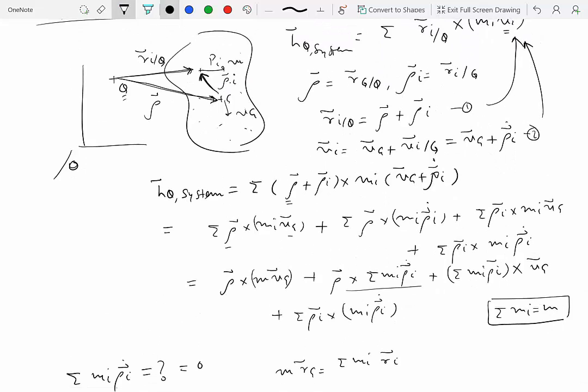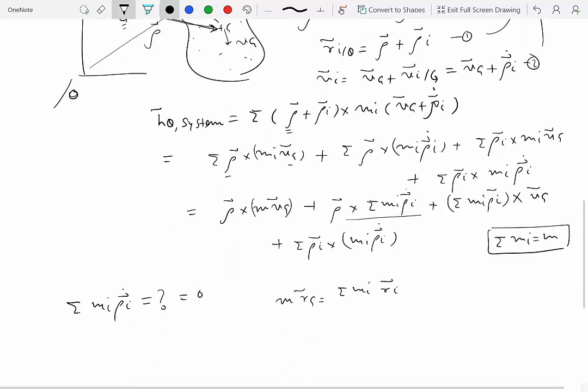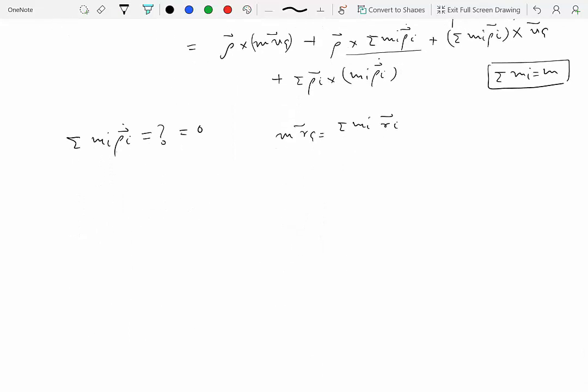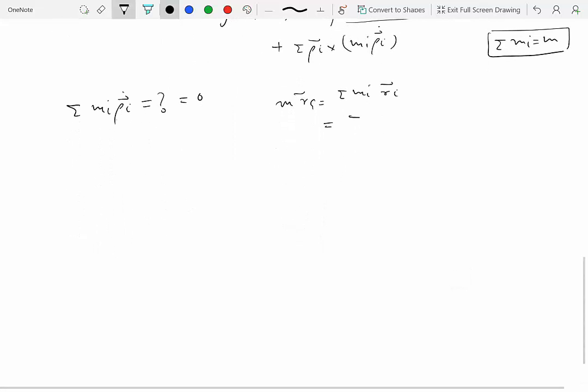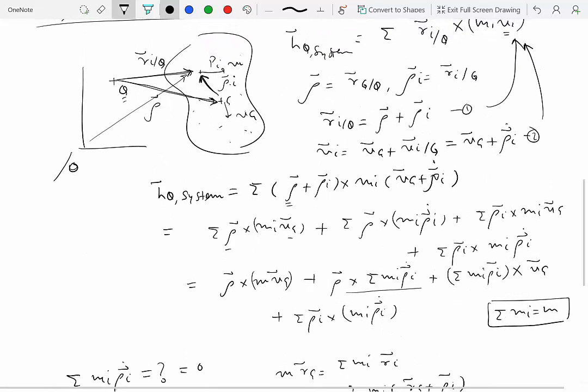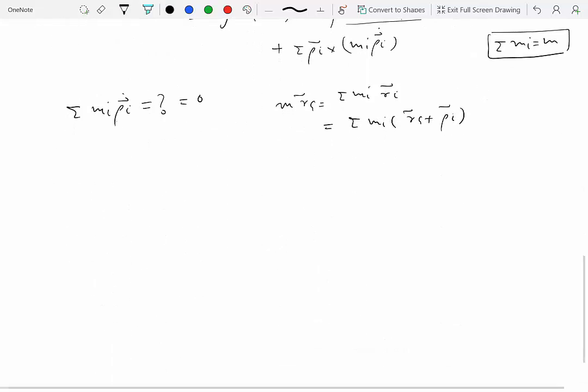You look at the position vector of these particles with respect to the center of the frame, and you multiply them with their masses, you add them together, and then you finally divide by m, right? And ri can be written as rg plus rho i. Now what is rg over here? Rg is actually this position vector. This is rg plus rho i, right? So that's something we can definitely write.